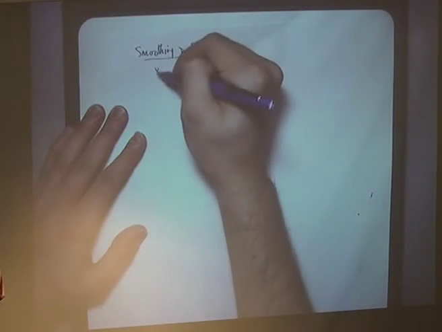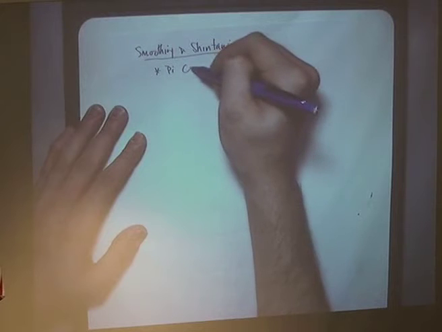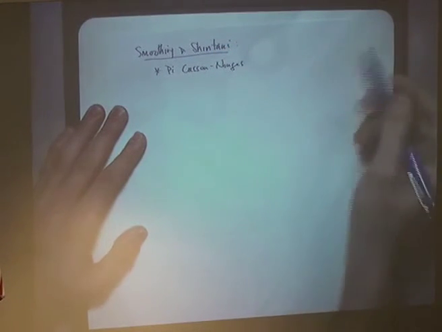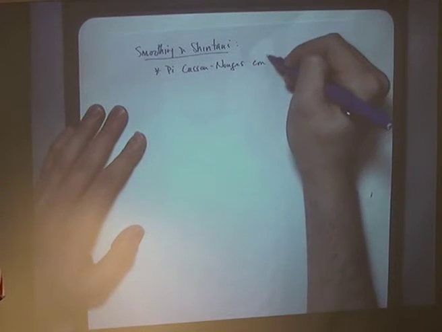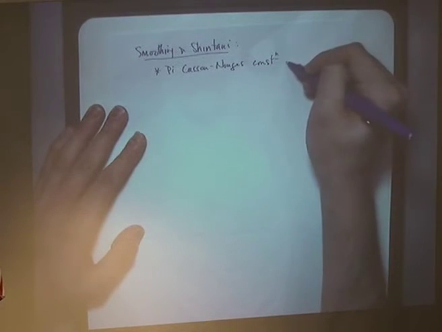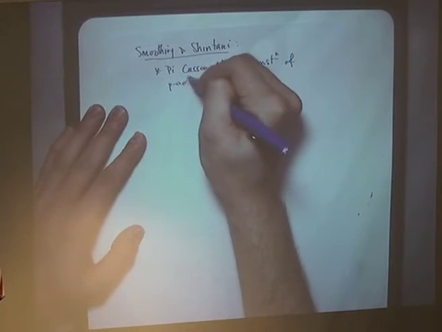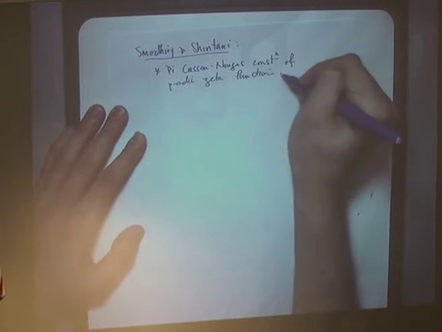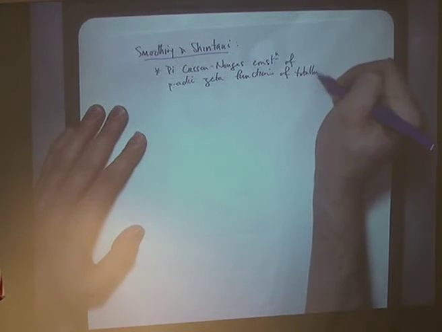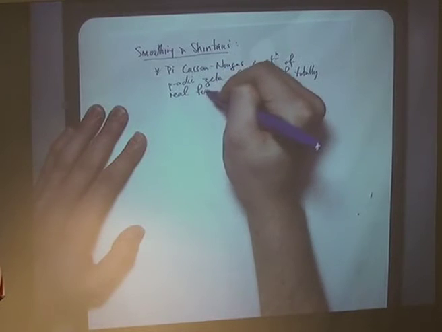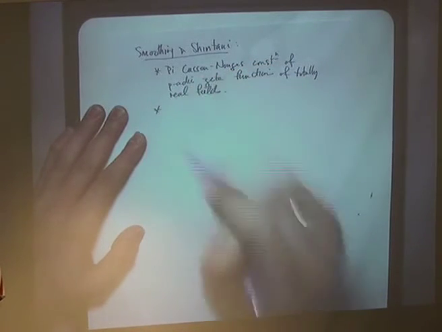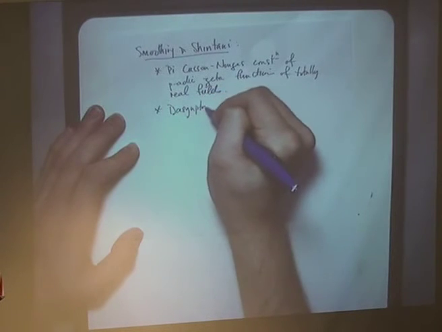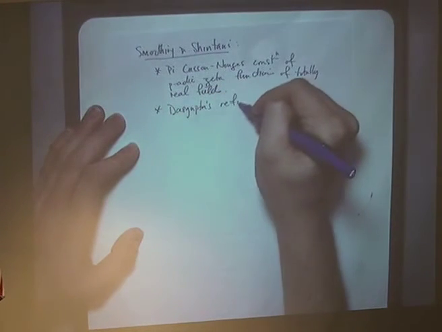It was used, for instance, in Cassou-Noguès's construction of the p-adic zeta function of totally real fields. And this technique was also used in Dasgupta's refinement of the Gross-Stark conjecture.